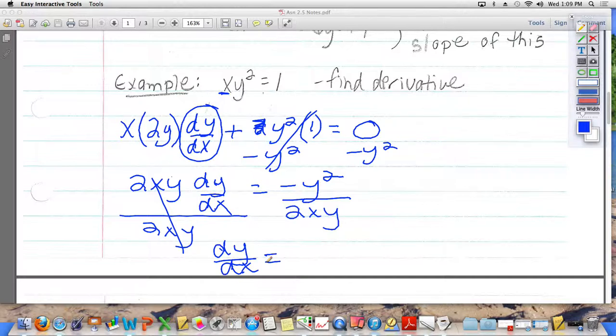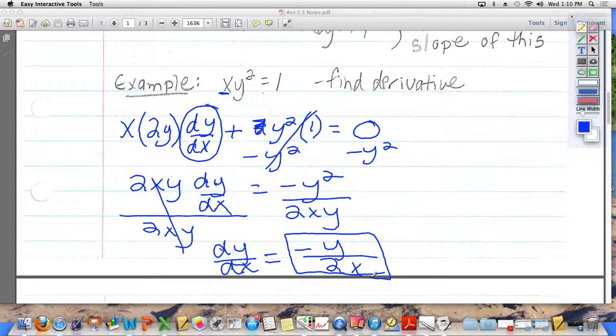I can get rid of a y on the top and a y on the bottom. So that's going to leave me with negative y over, what's on the bottom? 2x. That is my derivative.